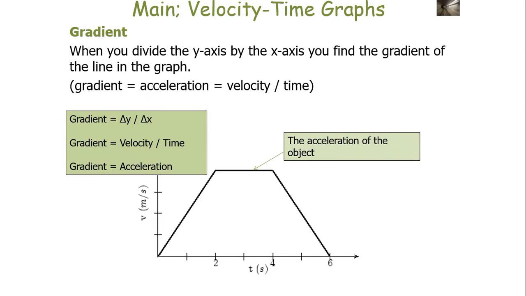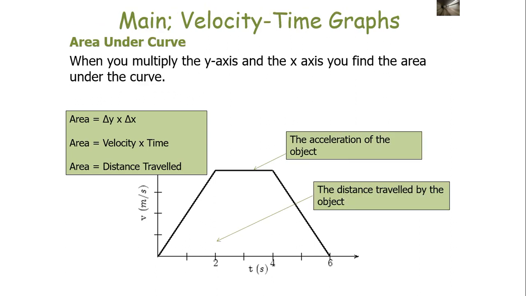Like we just mentioned previously, to work out the acceleration from a velocity time graph, you would find the gradient, because the gradient is the change in y over the change in x, so it's the change in velocity over the change in time, which is the acceleration. But your velocity time graph also includes a little bit more information, because the area under a curve for a graph is the y-axis times the x-axis.